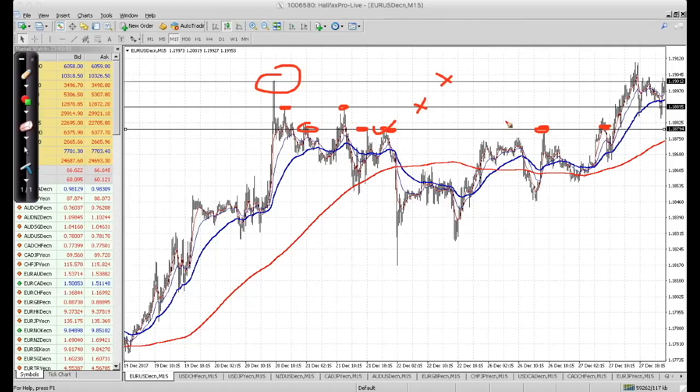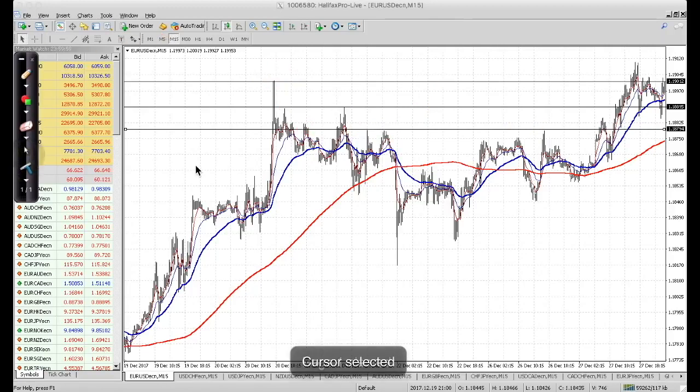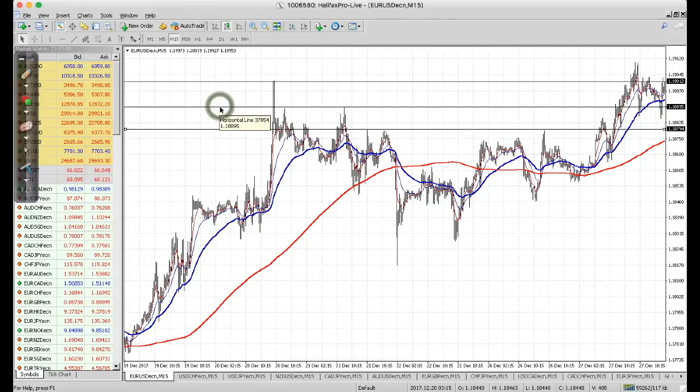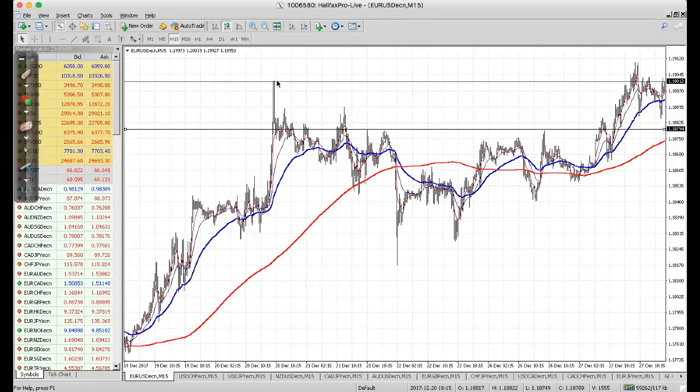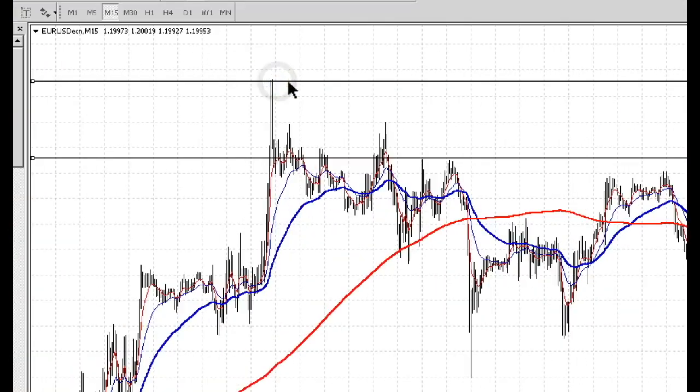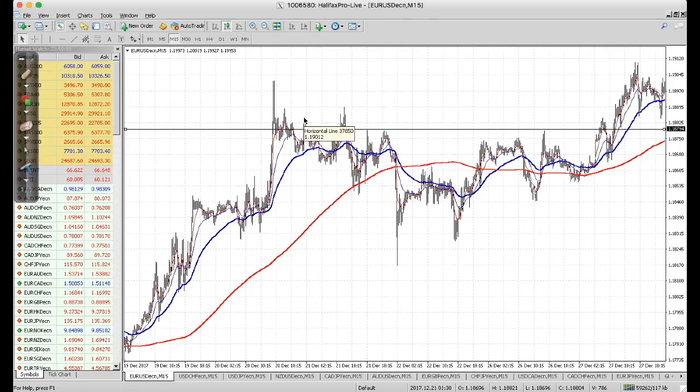Because it touches as many points as possible. So I would take that as a more significant line than the first two. So I can double click on this and just delete it. Okay, so I find there's a resistance over there.